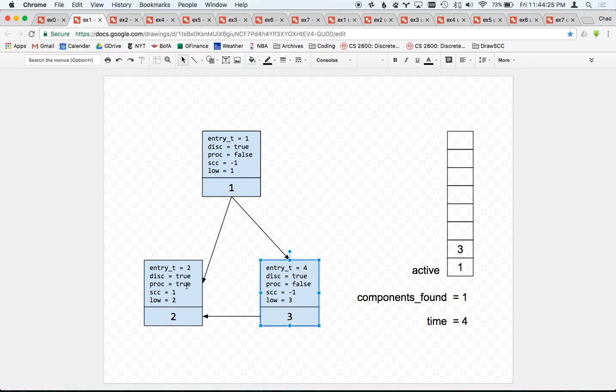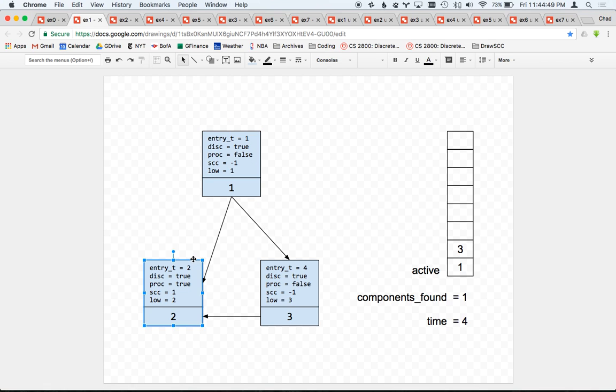But it's been processed, which means it cannot be an ancestor of the vertex that I am currently searching from. If it had been an ancestor, it would not yet have been fully processed, because I only mark a vertex processed when I'm backing out of the search tree from that vertex.